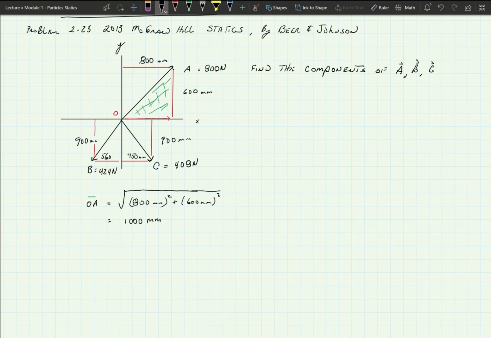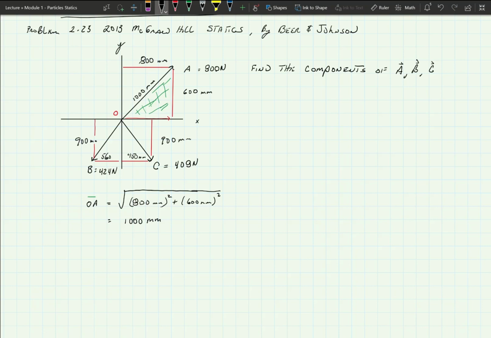Okay, so everybody's good so far. So our distance along here is 1,000 millimeters. Okay, and we know we got a vector magnitude of 800 newtons. So now we got a distance and we got a magnitude that we know.